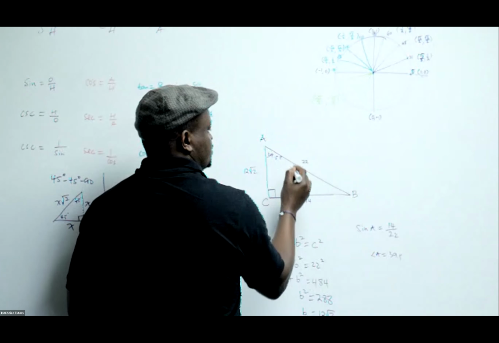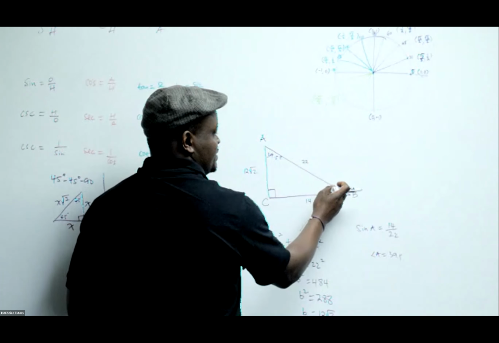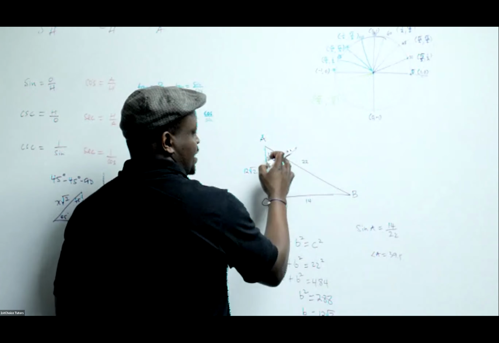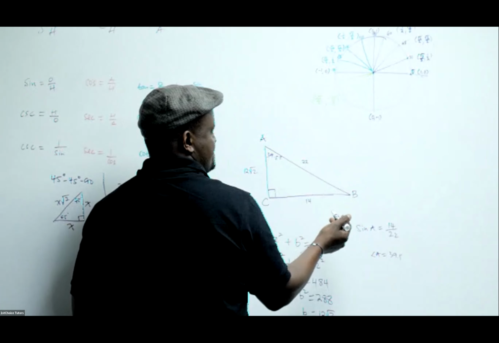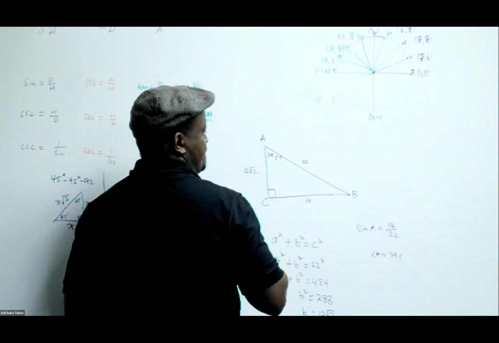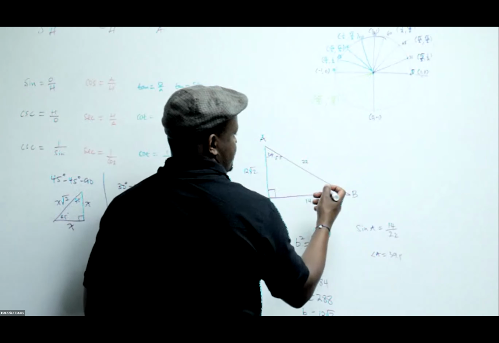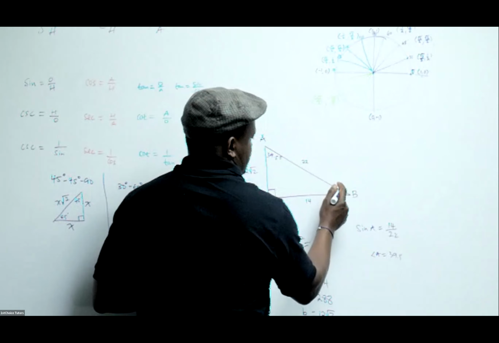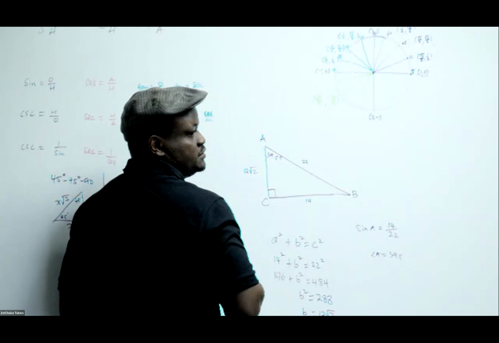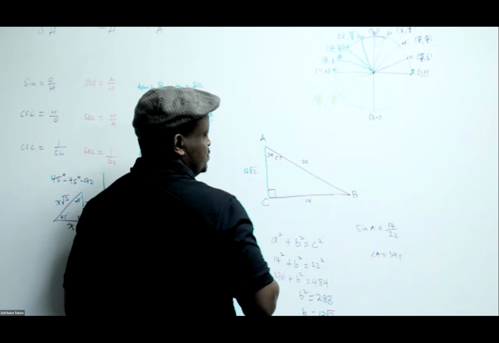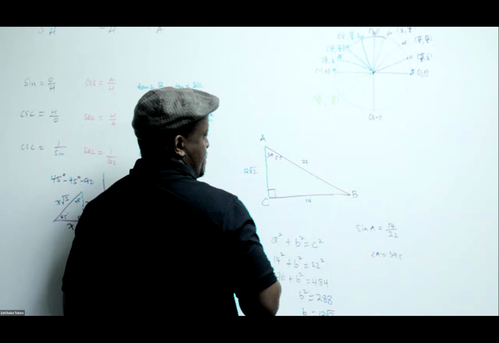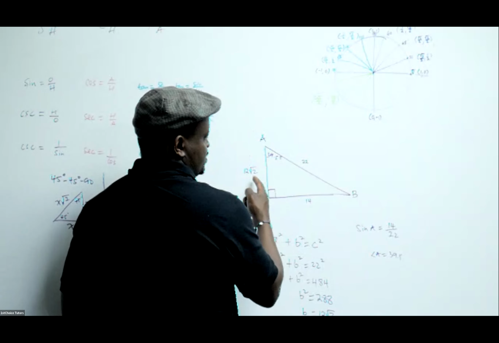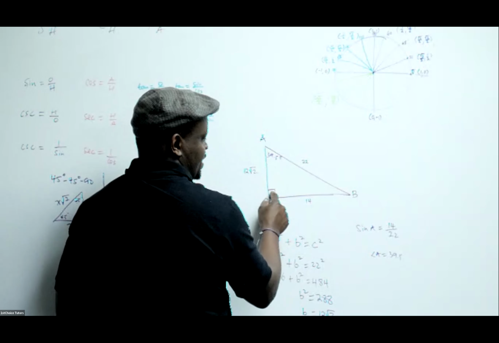Since this is a triangle, finding the missing angle is just subtracting the sum of these from 180. Wait, but we don't have C or B. We do have C. C is 12 square root 2 is a side, C is an angle.